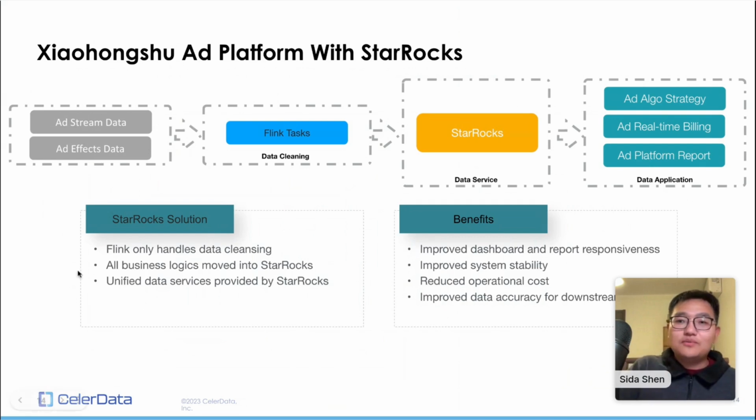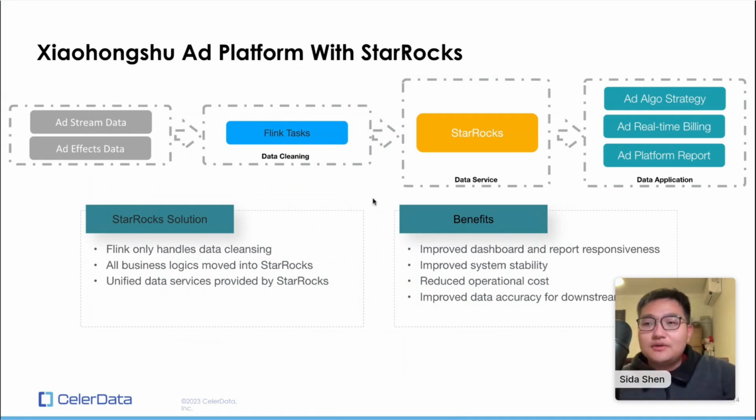So they removed all of the ETLs from Flink, which means a lot less pressure on their Flink cluster. They also moved all of the business logic to StarRocks, so Flink basically only does data cleaning, which makes the cluster a lot more stable than it was before.